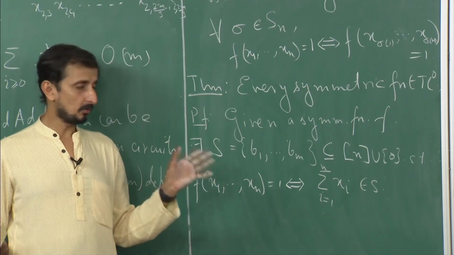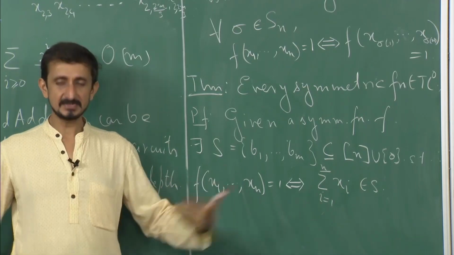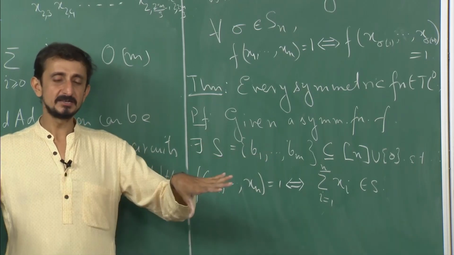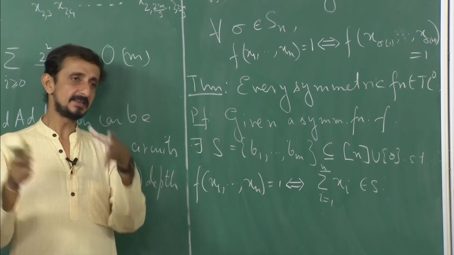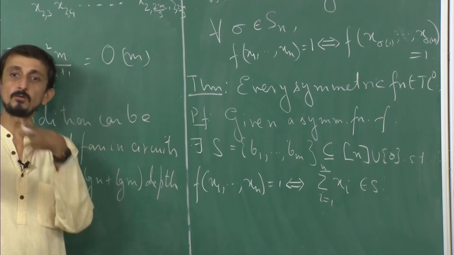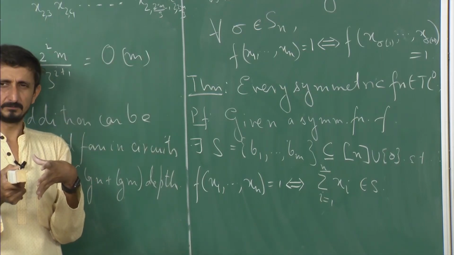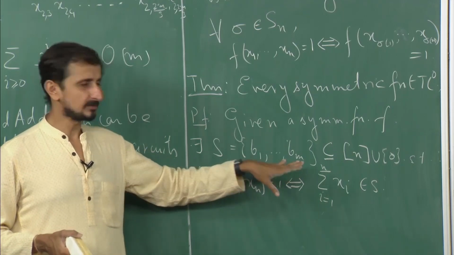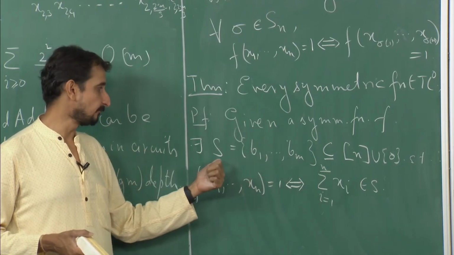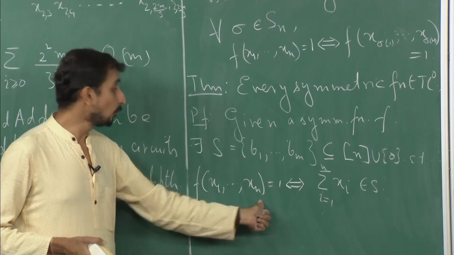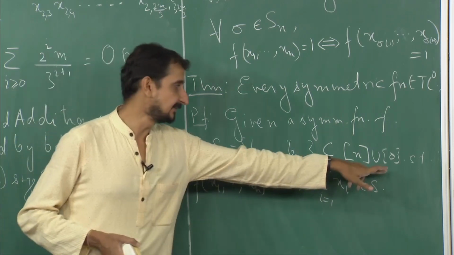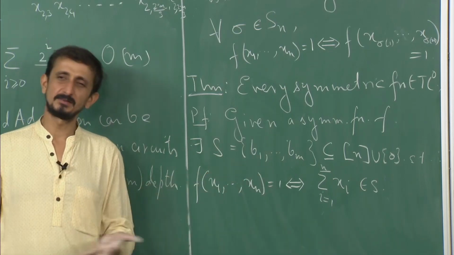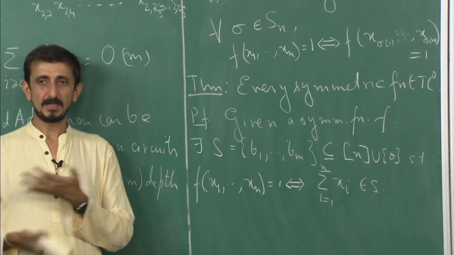Just look at all those inputs and partition them into sets such that in each partition you have an equal number of ones. These are basically my B1 up to Bm. Maybe there is some input on which I have no ones at all, that is the 0, and then some other input on which there are 2 ones, some other input on which there are 5 ones, and so on.